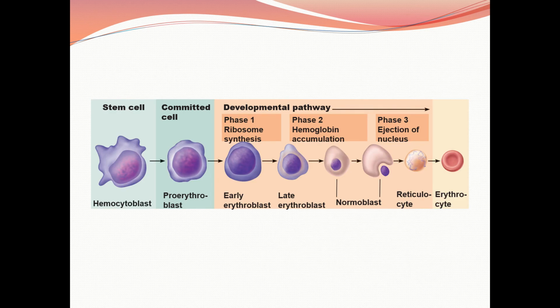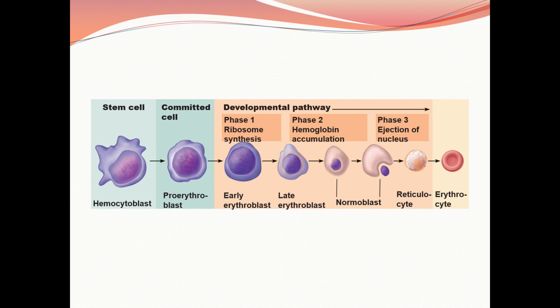So this is the familial tree of the erythrocyte. It starts with a hemocytoblast, and then once it becomes a committed cell, it is then the proerythroblast, so the pre-erythroblast. Anytime you see blast, that's some type of developing cell.